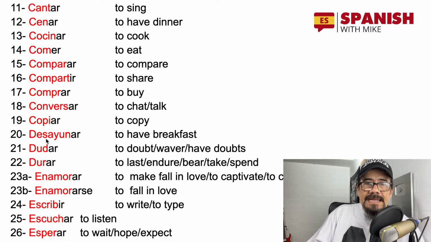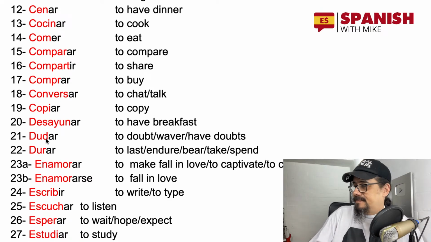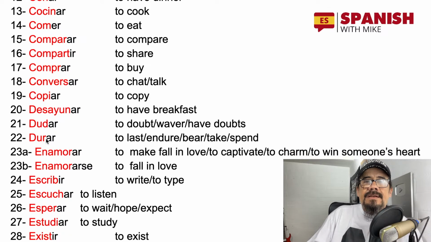Number 12, cenar. Cenar, ar. Cenar, cenando. Number 13, cocinar. Pretty much easy. Cocinar. Cocinando. Cooking, cocinando. Number 14, comer. Ends in er.